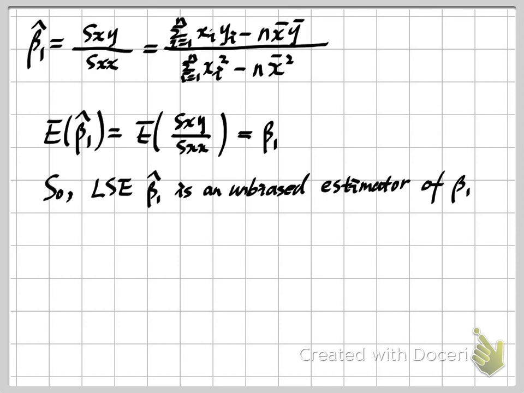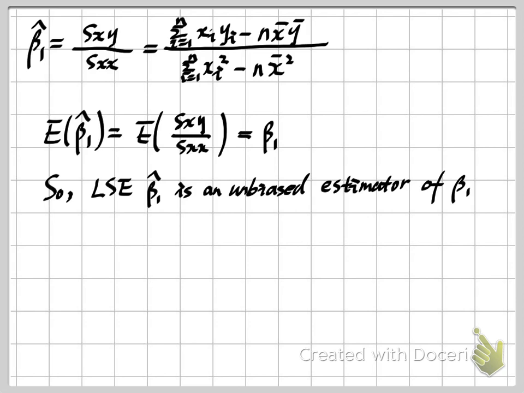The lucky thing is that if we use the least square estimator, it is an unbiased estimator of our parameter beta 1. But if you use another method to construct the best fit line, you need to check the mean again to conclude whether it is unbiased or biased.